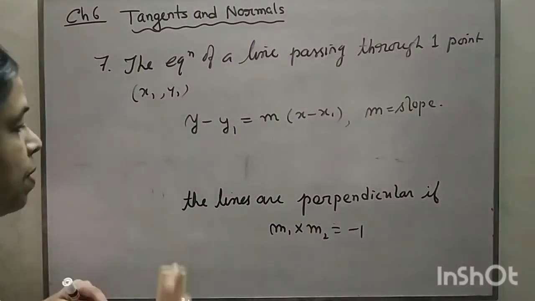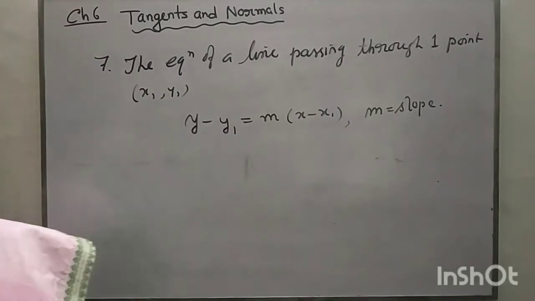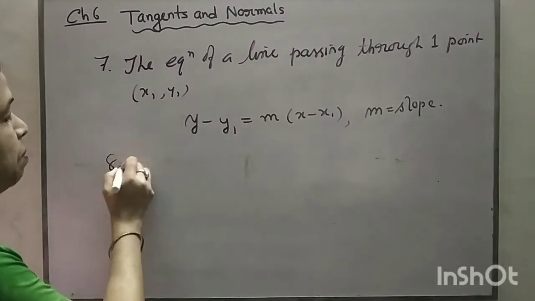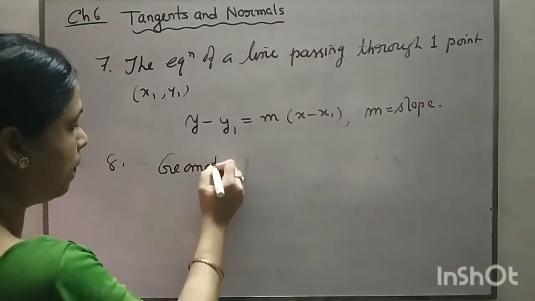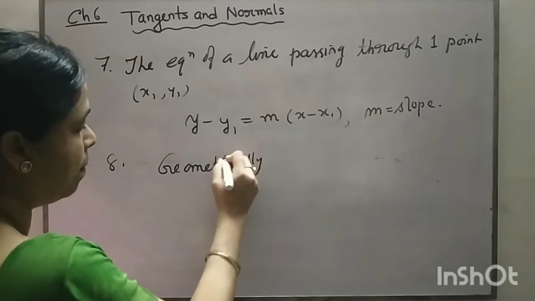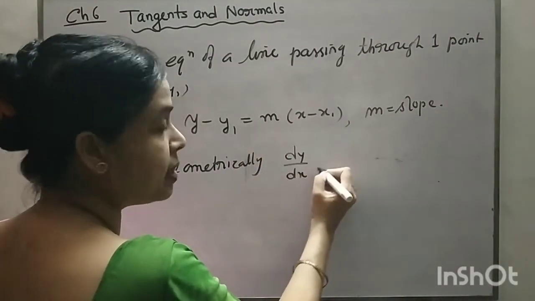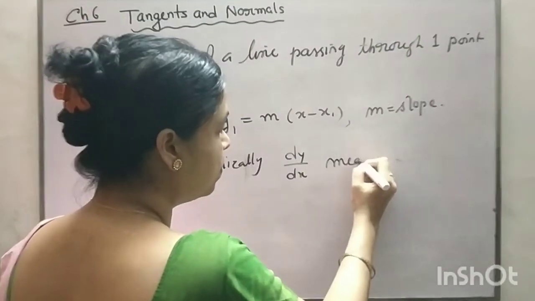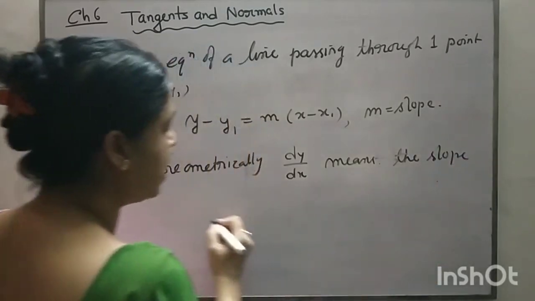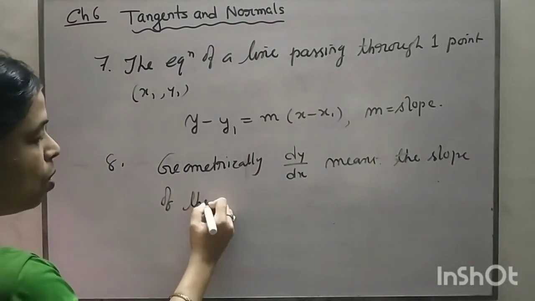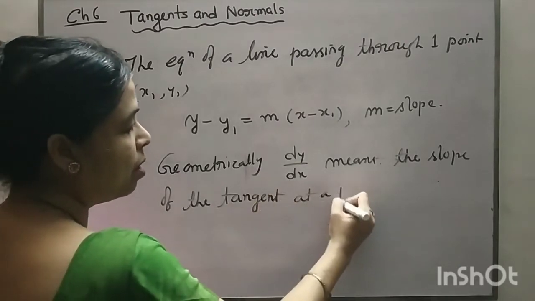And one more result you have to know, that is, what do you mean by geometrical meaning of dy dx? Geometrically, what is the meaning of dy dx? Dy dx means the slope of the tangent at a point.